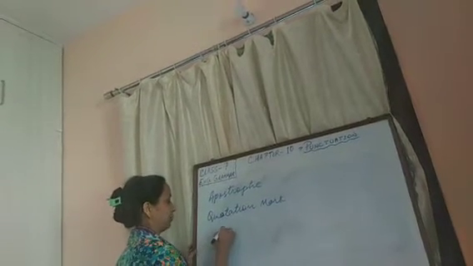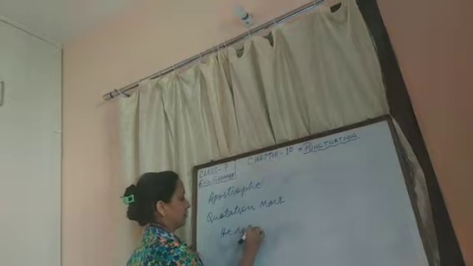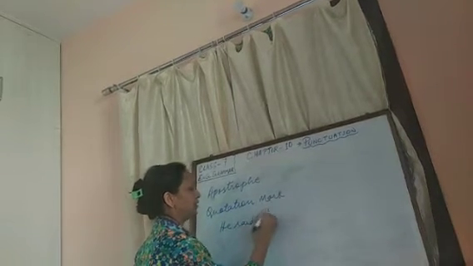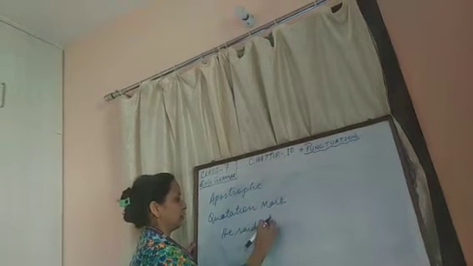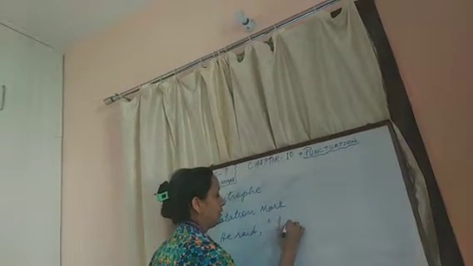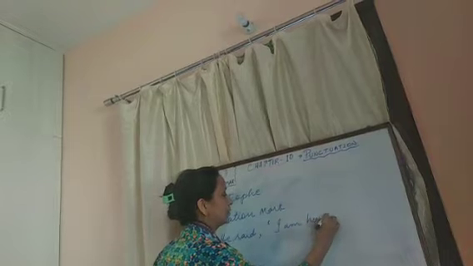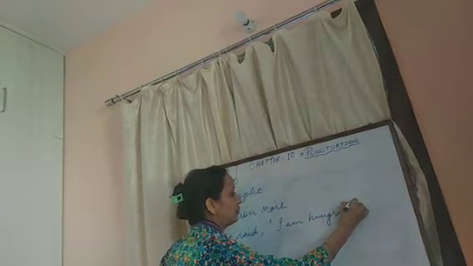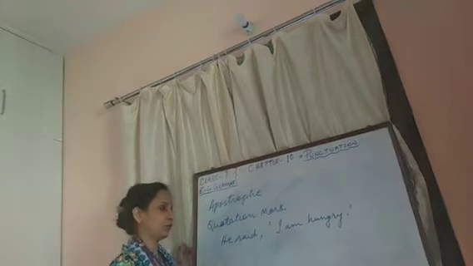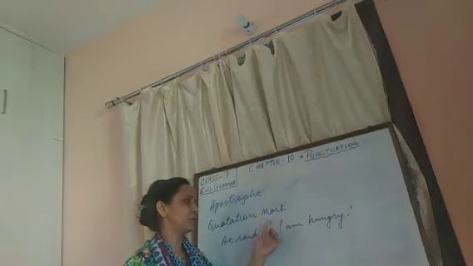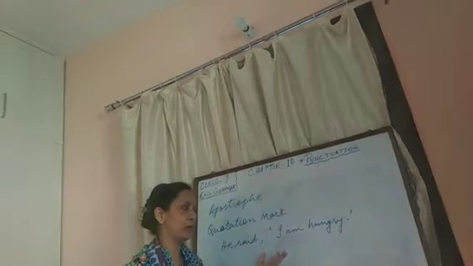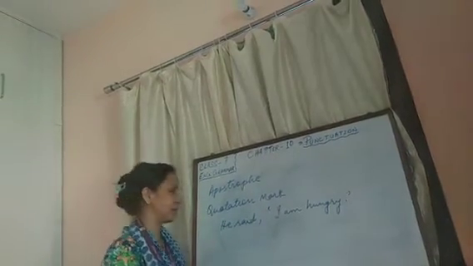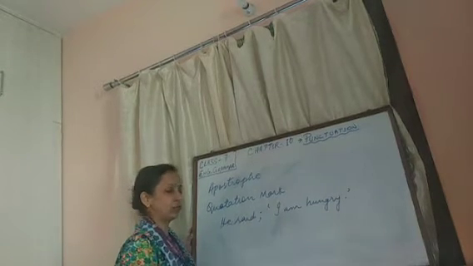For example, he said, with a comma after he said, then the quotation mark, I am hungry, full stop, and then the quotation mark closed. So this is the use of quotation marks to show dialogues in between any writing passage.